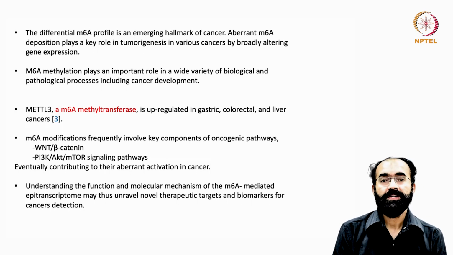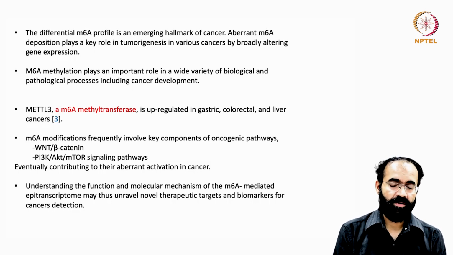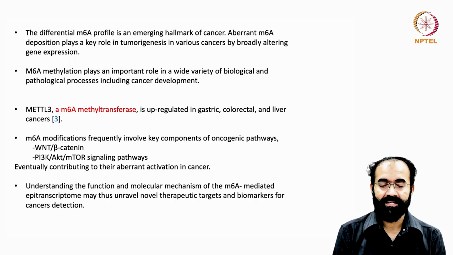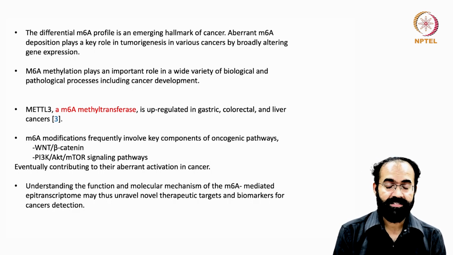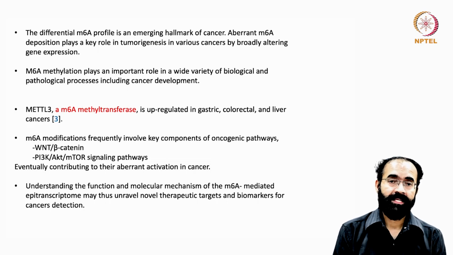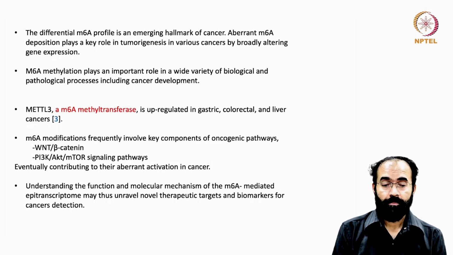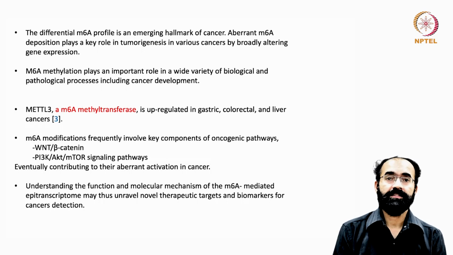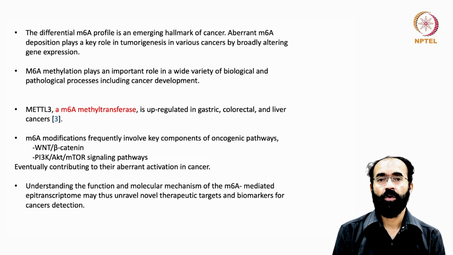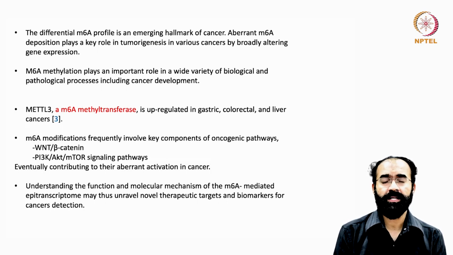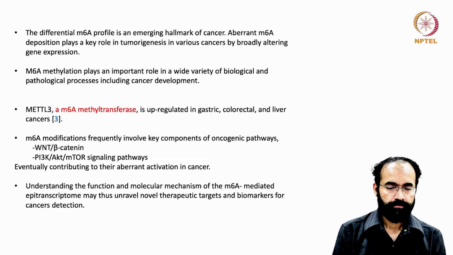A lot of studies have shown that it can undergo drastic upregulation. If you have elevated action of this methyltransferase, it can definitely lead to cancer, and it is detected in a variety of cancerous conditions. The presence of this methyltransferase will naturally increase the methylation levels of various RNAs, including non-coding RNAs.